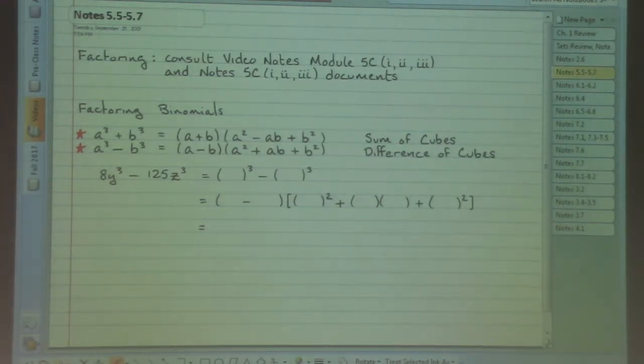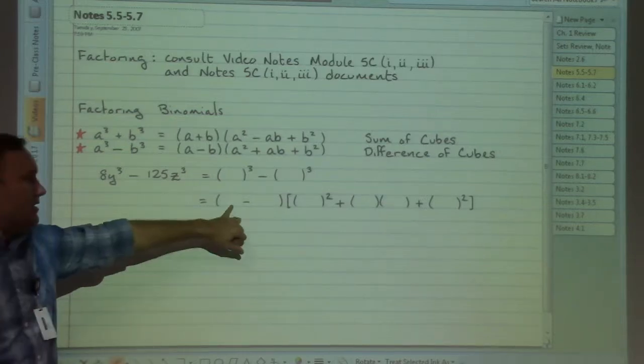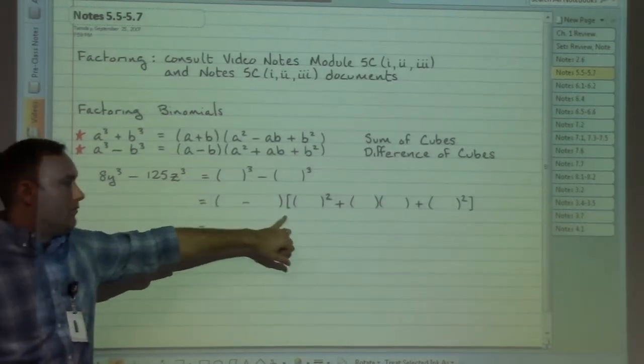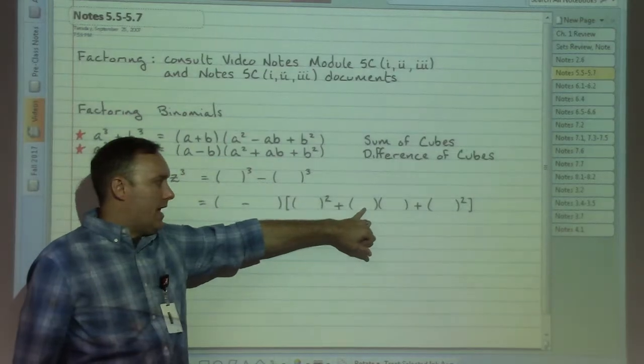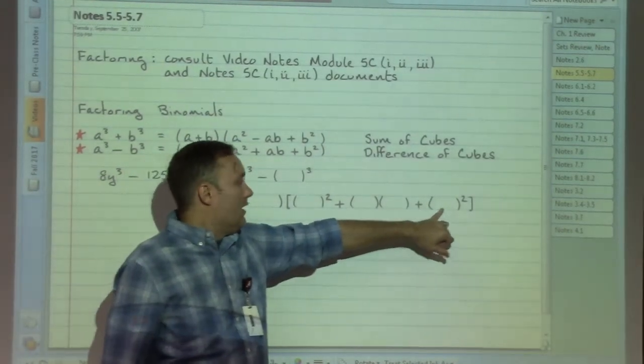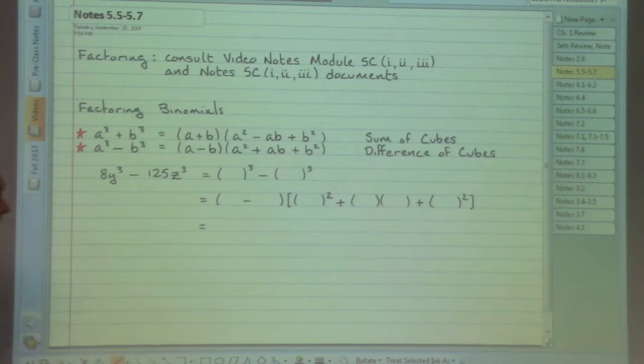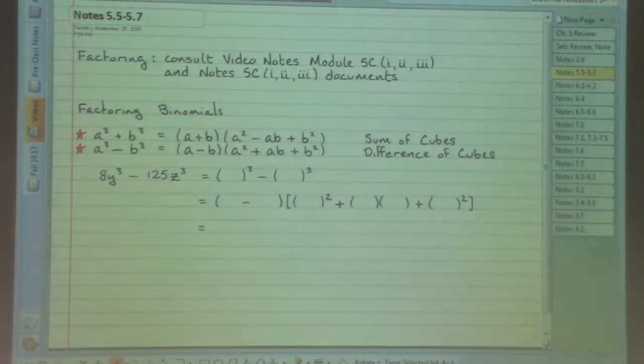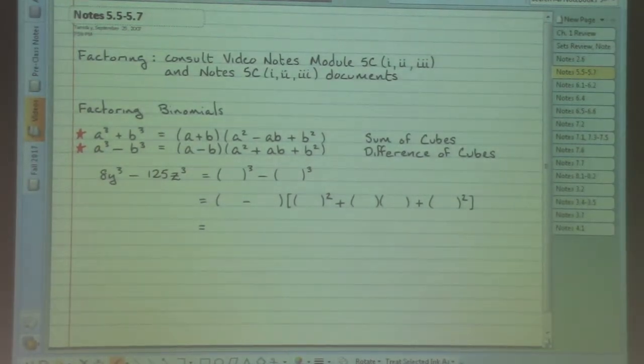Taking that formula and removing the a's and the b's, and now having blanks to fill in for this particular case, what I need to know is what I would cube in order to get 8, as well as what I cube in order to get y cubed.